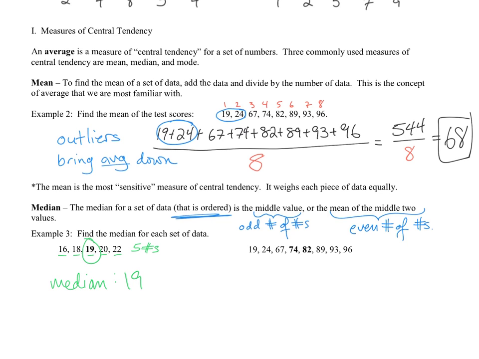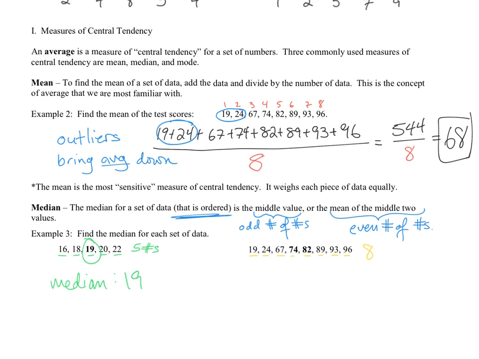For this other example over here, we have 1, 2, 3, 4, 5, 6, 7, 8 numbers. And that means we have an even number of numbers, like what I said. That means we have to take the mean of the middle two numbers.